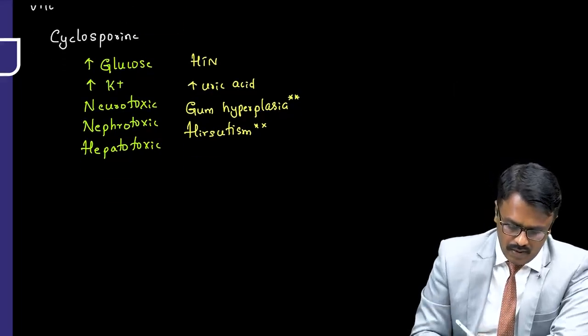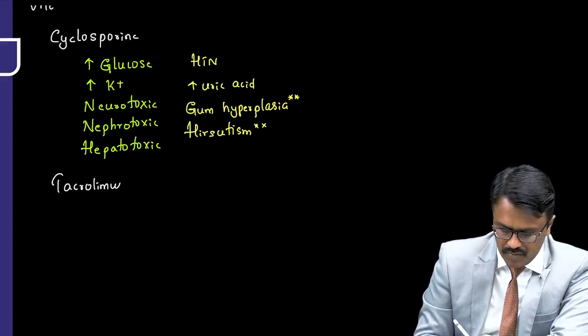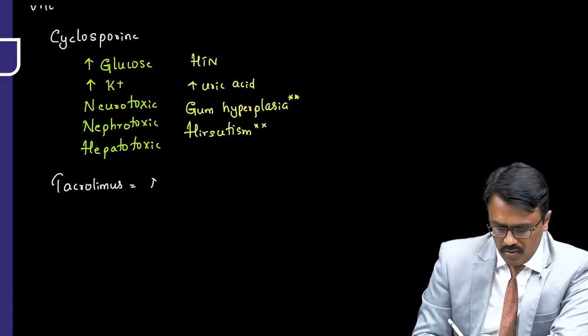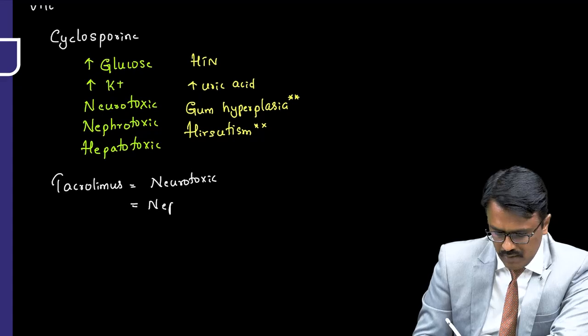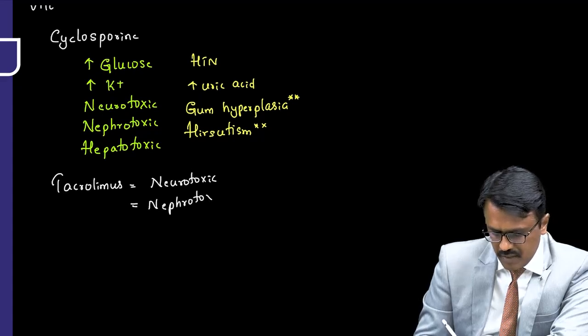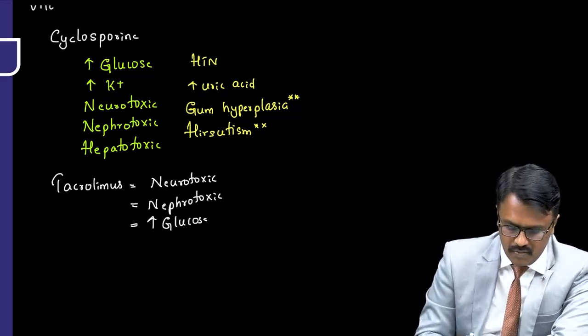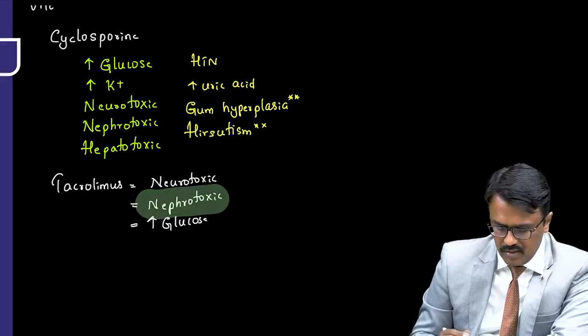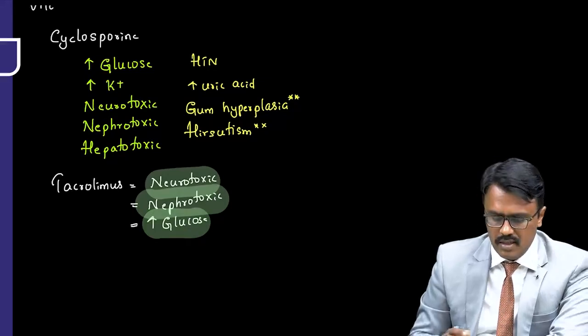What about tacrolimus? Tacrolimus is also known to produce neurotoxicity, and it is higher with tacrolimus. It's also nephrotoxic, and it is known to increase glucose. So these side effects are much higher with tacrolimus. If both are given, the more nephrotoxic is tacrolimus. Neurotoxicity and high glucose are caused more by tacrolimus.